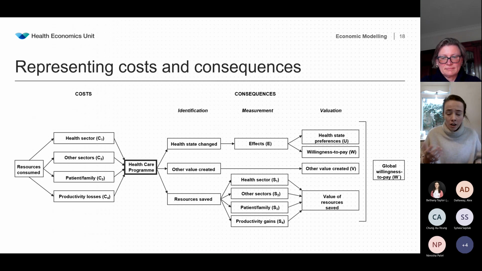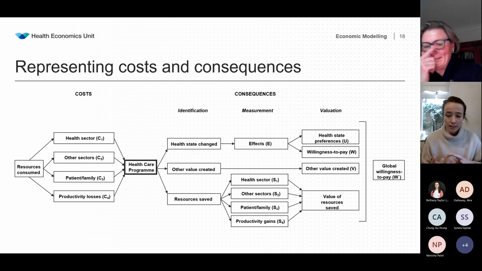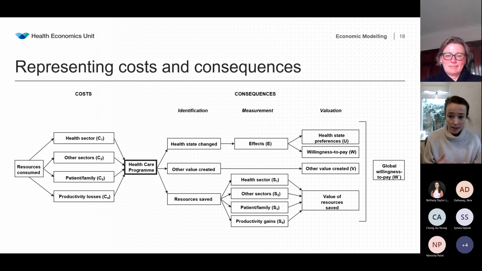And understanding which of those costs and which of the consequences to include is a key judgment call. That is a conversation between the analysts, the economists, and the clinicians that are involved in defining that decision problem, as Anna was describing.